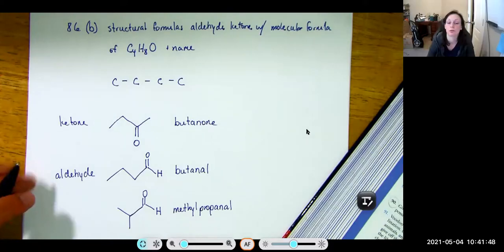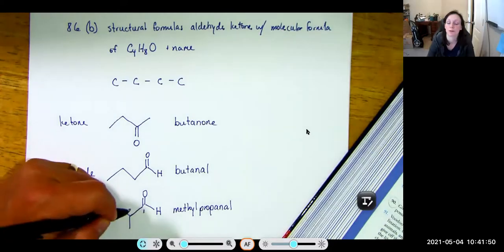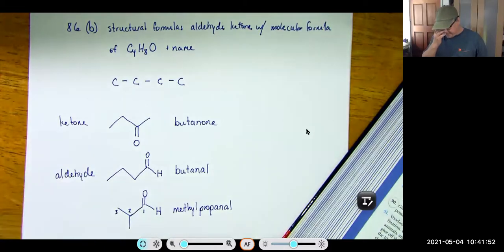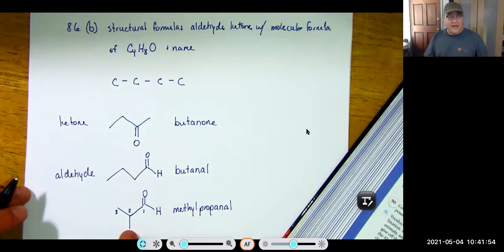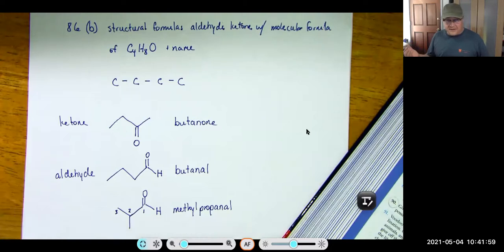Because you need 3 carbons in the chain. And where does the methyl have to be? It can't be on carbon 1 because that would be too many bonds. It can't be on carbon 3 because that would be our butanal. It has to be on carbon 2, which is why I don't bother telling people it's on carbon 2, because it has to be there.